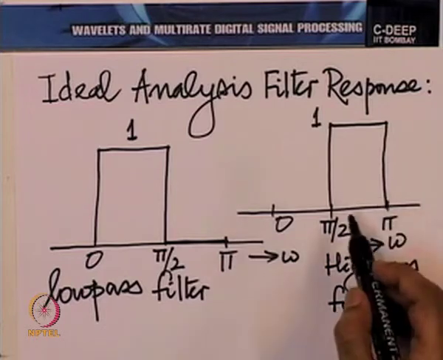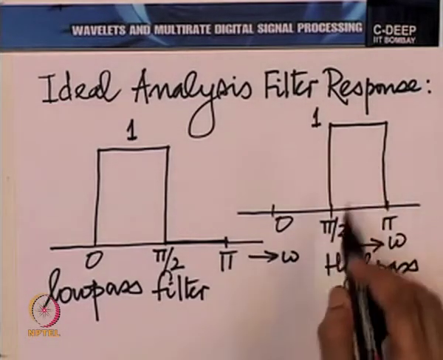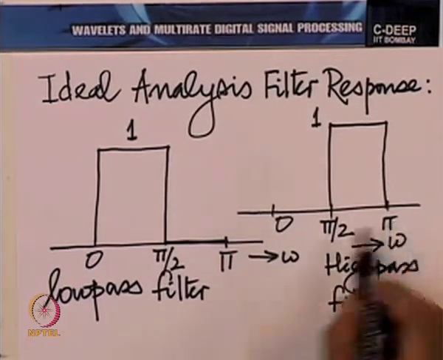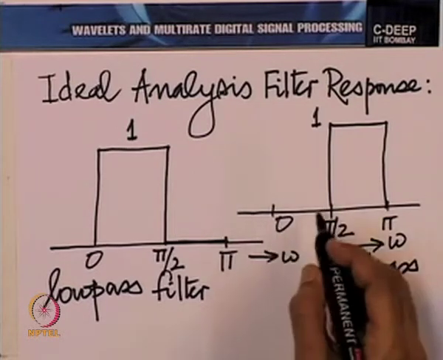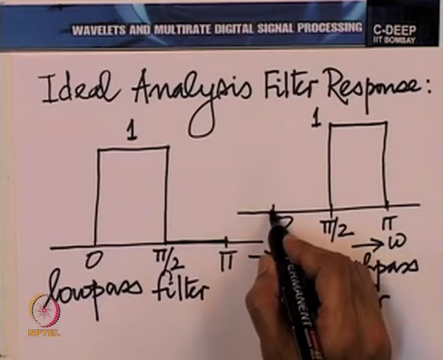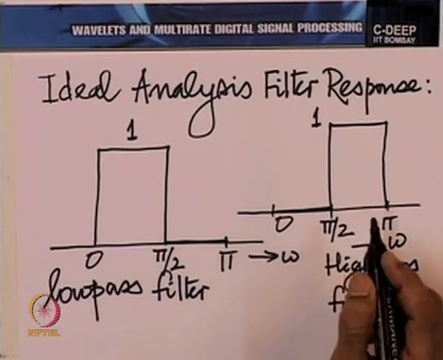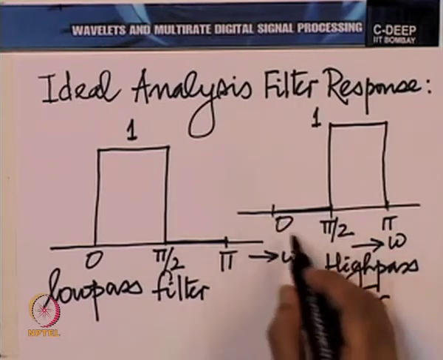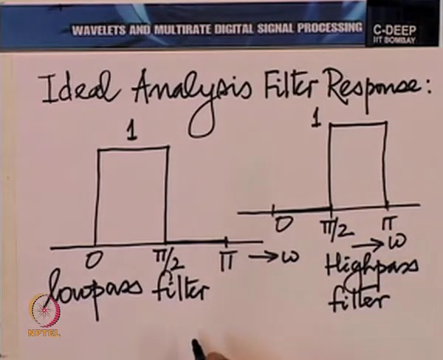The high pass filter needs to have a response of 1 between pi by 2 and pi, and of course, whatever is between 0 and pi is mirrored between minus pi and 0. The response is 0 between 0 and pi by 2, and then of course, periodically repeated at every multiple of 2 pi.